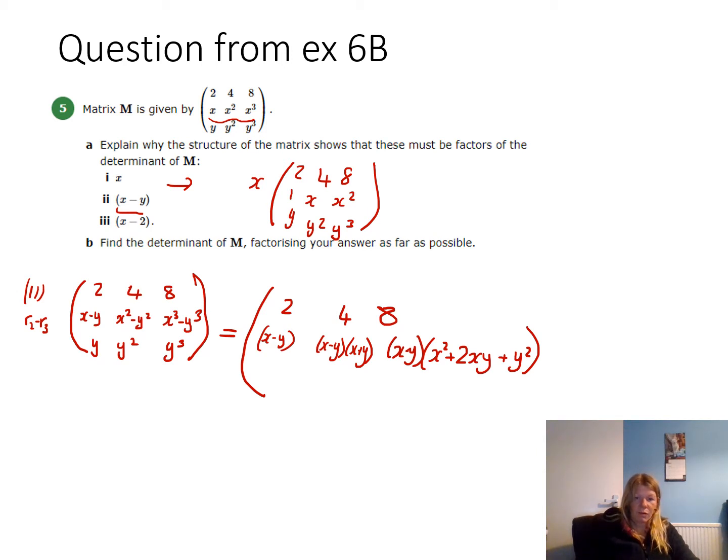Like difference of two squares, difference of two cubes, is it? Yeah, difference of two cubes can be expanded to that. And then the bottom, y squared, y cubed. Sorry for the weird writing, but the computer seems to be messing about tonight. Or is it me? And then you can pull out x take y.